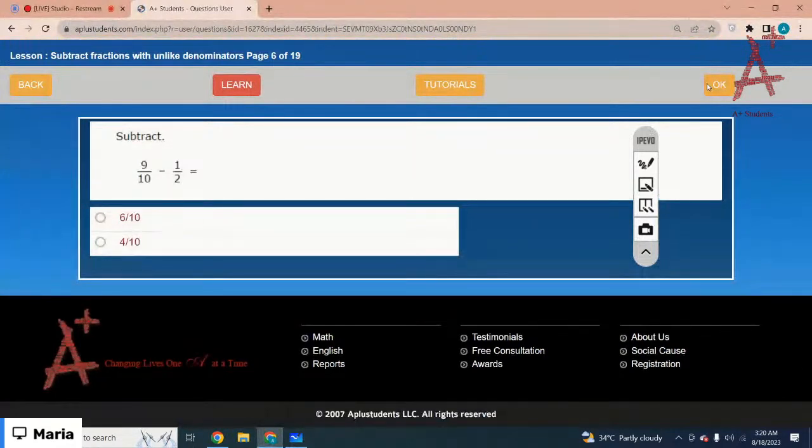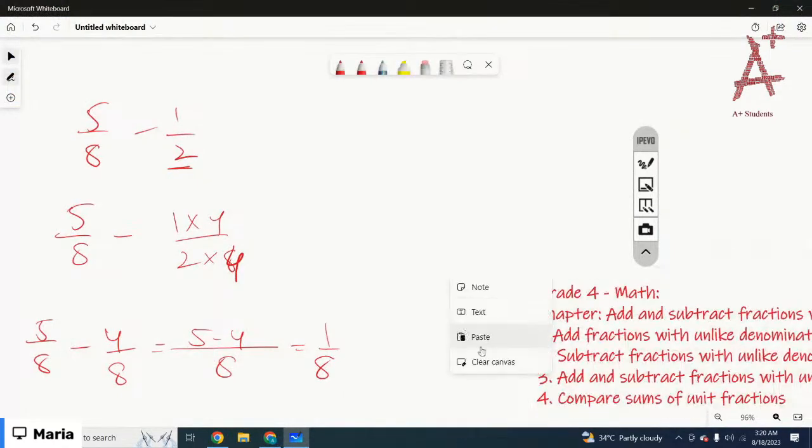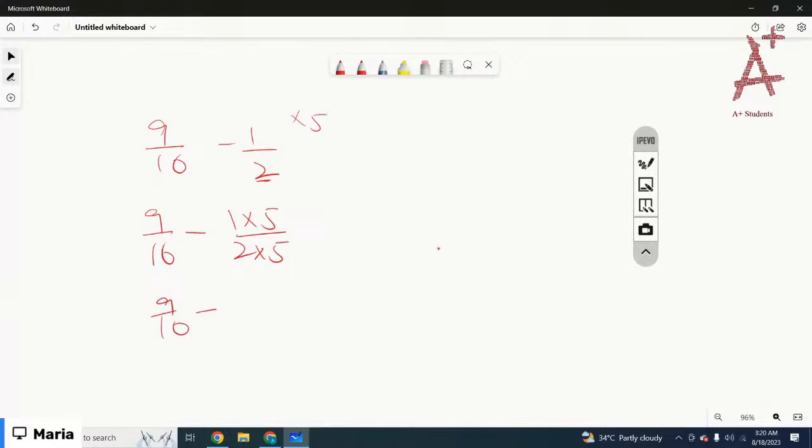9 over 10 minus 1 over 2. So 2 times 5 makes 10, right? So you have to multiply this fraction by 5. It would be 1 times 5 divided by 2 times 5, right? So you have 9 over 10 minus 5 times 1 is 5 and 5 times 2 is 10. So they have like denominators, just subtract their numerators.